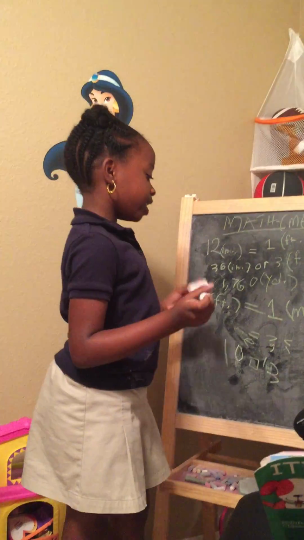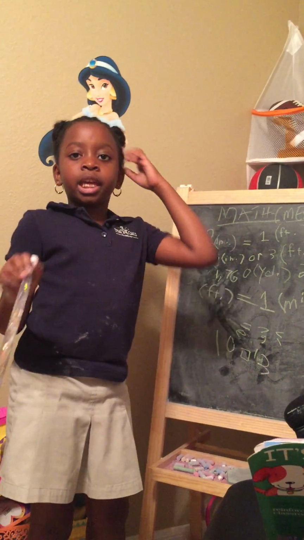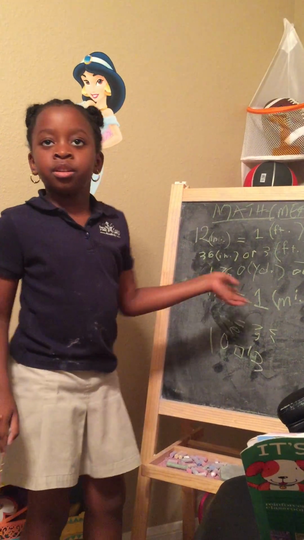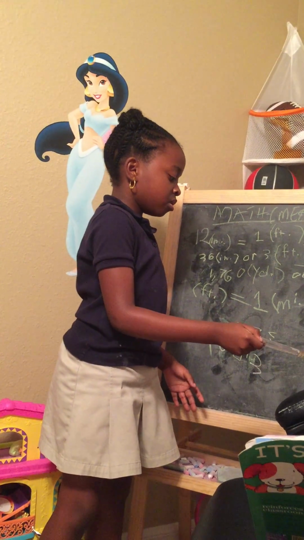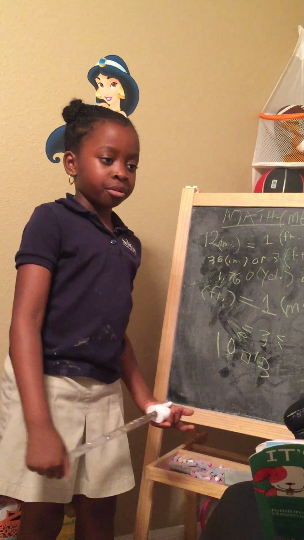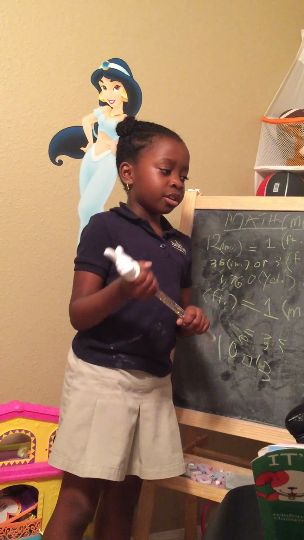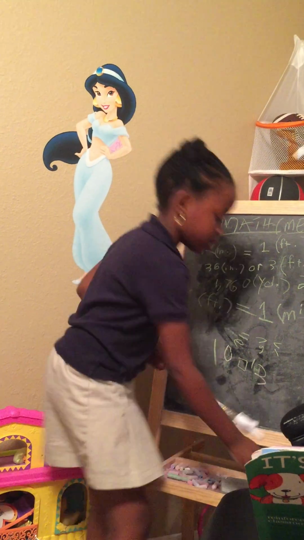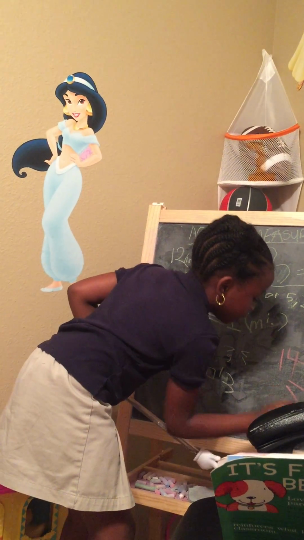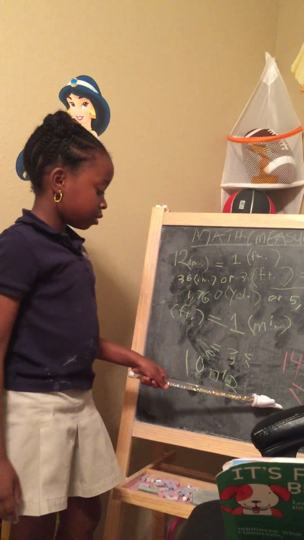So that means they're equal to each other, because one is not bigger than the other, one is not less than the other. They're the same number, it's the same amount, so it's equal. Thanks for that explanation, teacher.